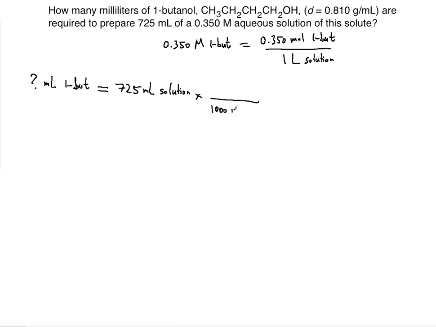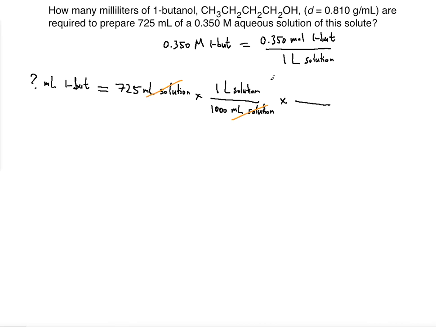So 1000 milliliters of the solution takes 1 liter of that solution, right? So we successfully took that away. So now we convert it to liters of the solution. So now the next thing we're going to convert it to is going to be using the molarity.